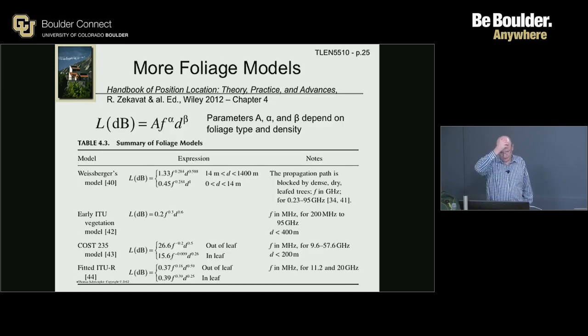Another very interesting foliage model I recently found in an interesting handbook, in chapter 4, is available online at the library here. If you search that at libraries.colorado.edu, I think you can see the book online. I don't think they have it in the stacks, but they have it online. And that model says, why should the loss be per meter of forest, right? There's no fundamental reason why there's not a different exponent on the distance through the forest.